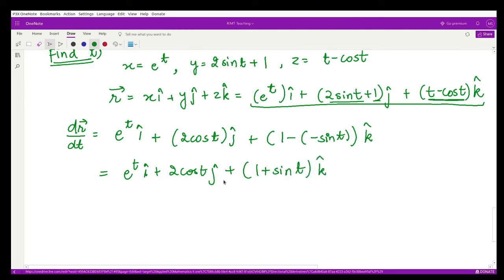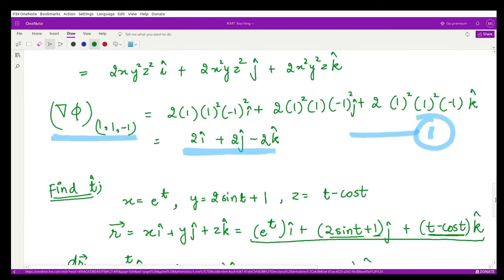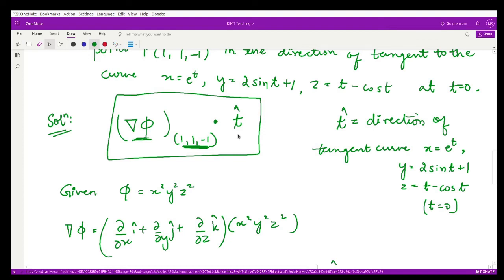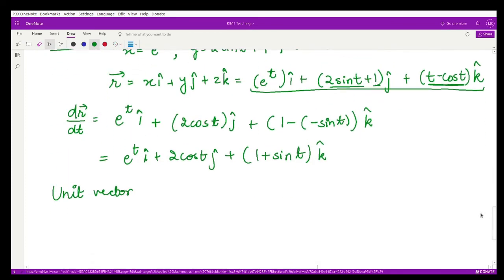Now the next thing is to evaluate the unit vector, because for the directional derivative we require to compute the gradient of the given function calculated at a certain point and its dot product with the unit vector in that particular direction, right? So in order to compute this unit vector, this is our vector, we will divide this vector by its magnitude.